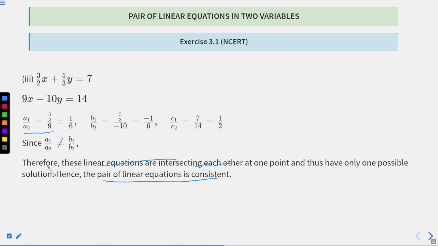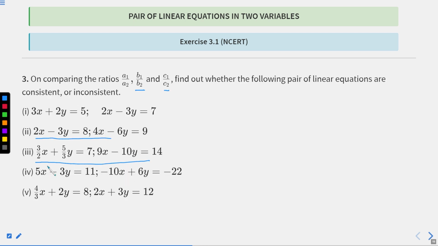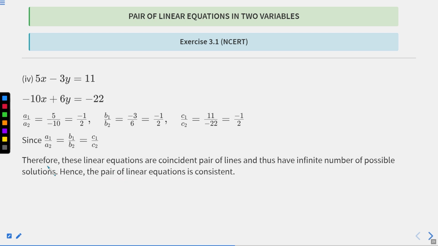Now, let us move to question number 4. In question number 4, we have this pair of linear equations. Let us see how to solve it. Here the ratio a1 by a2 is equal to 5 by minus 10, and this is equal to minus 1 by 2. And the ratio b1 by b2 is equal to minus 3 by 6, and this is equal to minus 1 by 2.